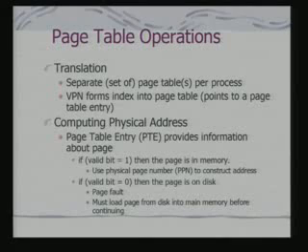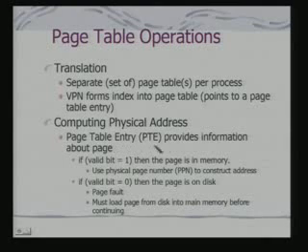The basic operation of the page table is translation, because you have a separate set of page tables per process, and we have already seen that the virtual page number forms an index into the page table. That means it points to a particular page table entry, and then you compute the physical address.